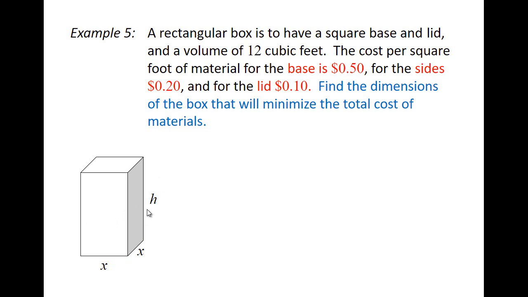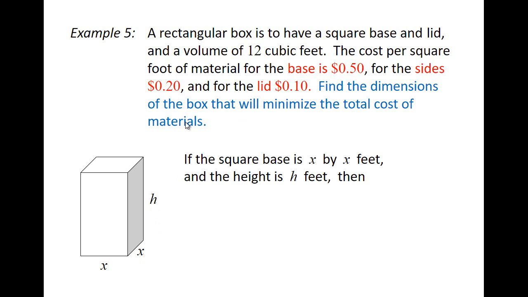The dimensions of each of the four sides are h and x. So the area of each side would be h times x. So for the four sides, it'll be a total of 4 times x times h. That's the area of the sides, and we have to multiply that by 0.2 to find the cost of building the sides.